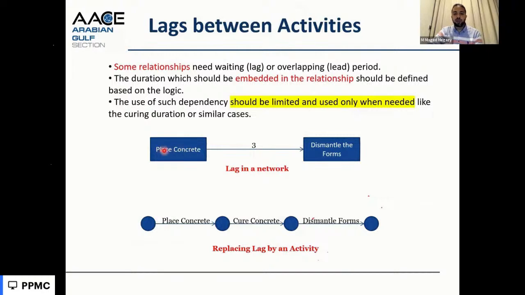For example, when placing concrete, we have a lag for curing and then dismantling the forms; we can make an activity of curing instead of a lag. So if we have a long lag duration, or need to avoid lags because they can manipulate the duration and critical path calculation, we can make them activities.